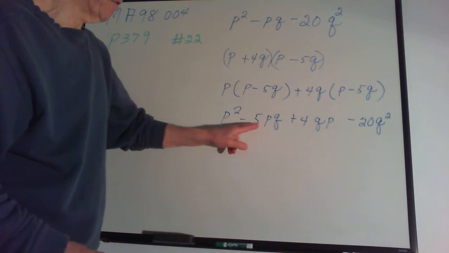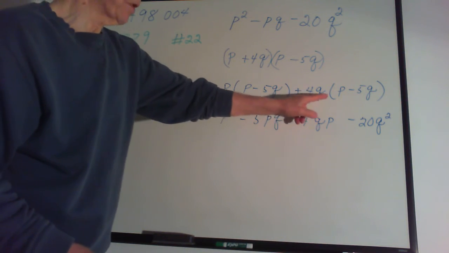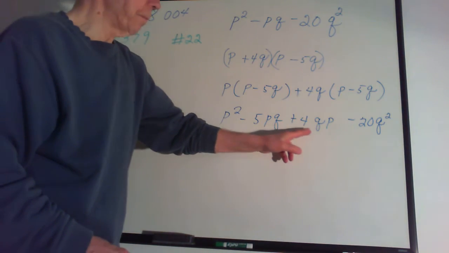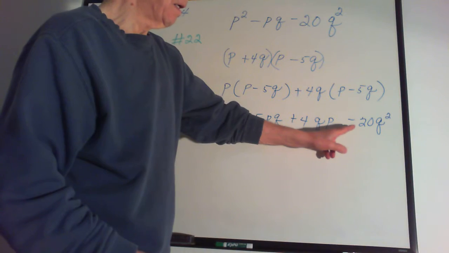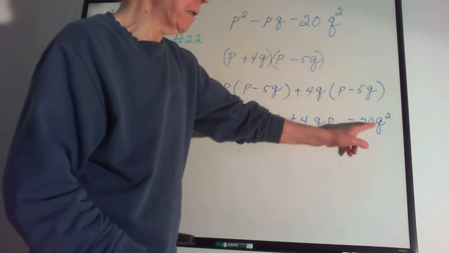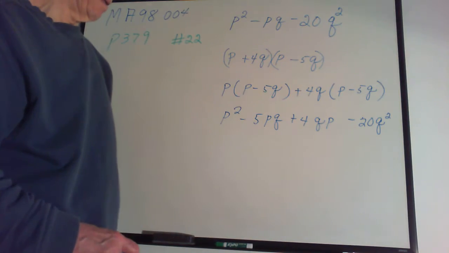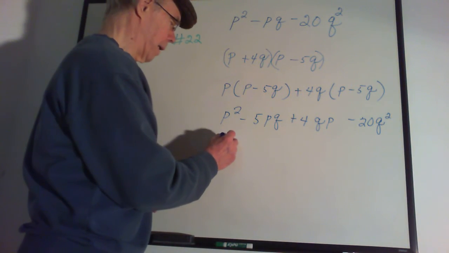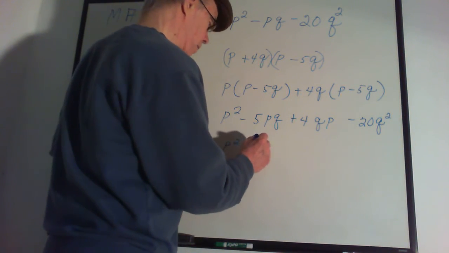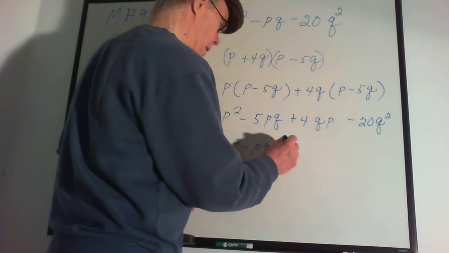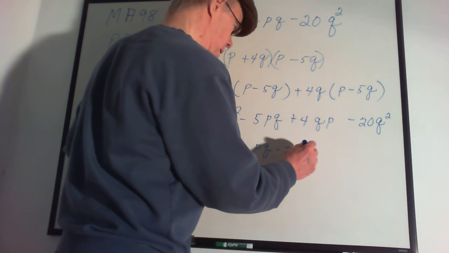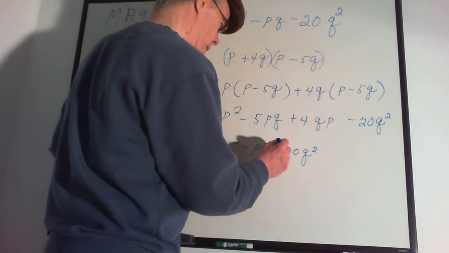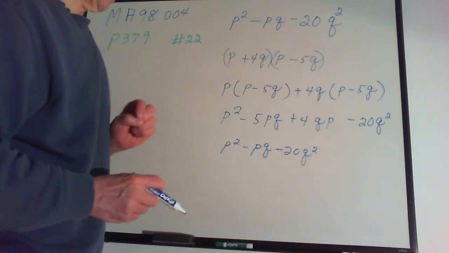This will give me minus 5pq. 4qp gives me plus 4qp minus 20q squared. If I combine these two, I get p squared minus pq minus 20q squared, which is what I started with.